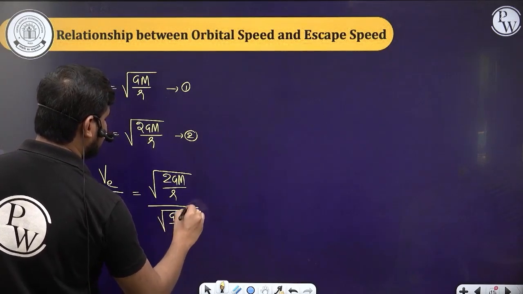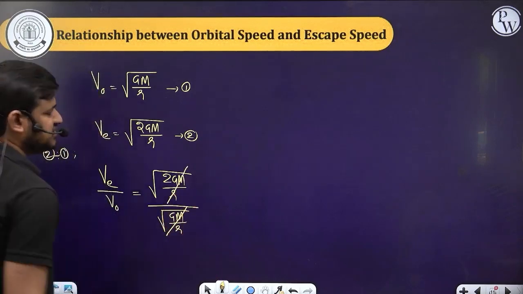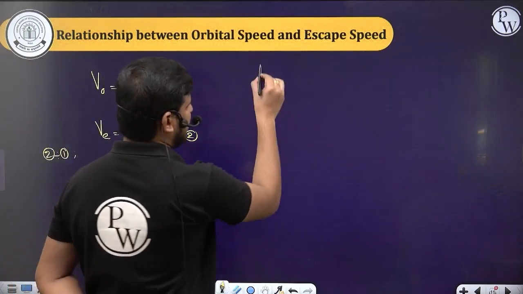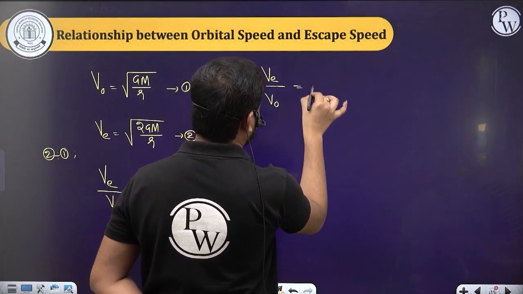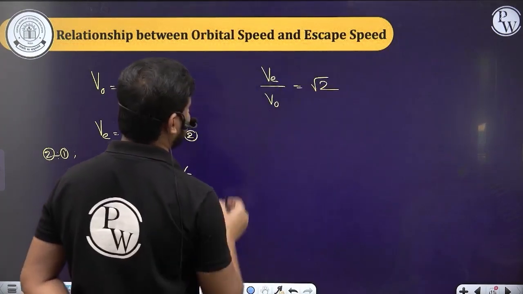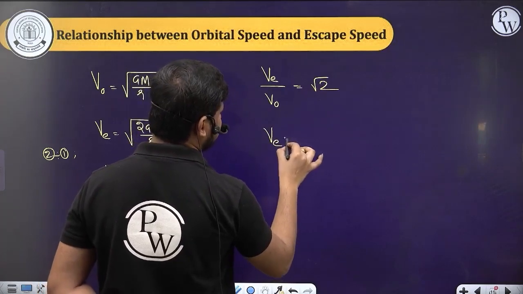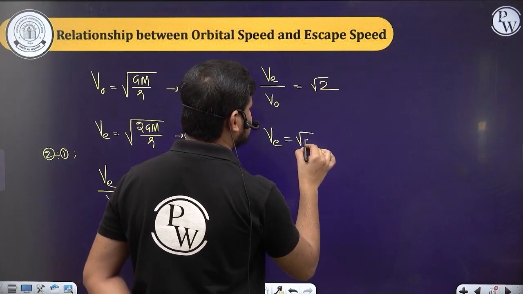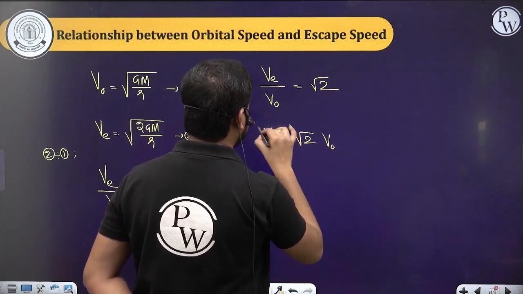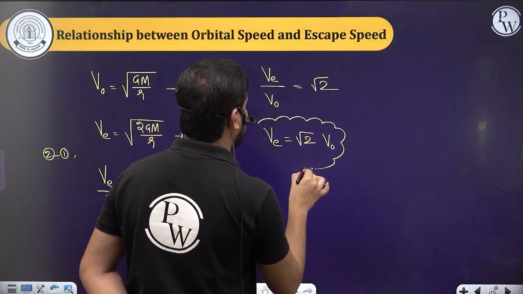I can cancel root GM by r, so VE by VO is root 2. The escape velocity is root 2 times the orbital velocity.